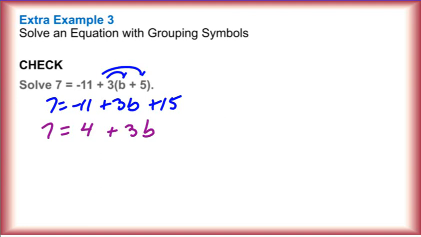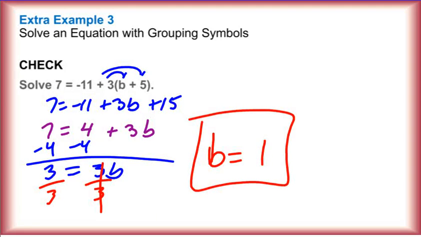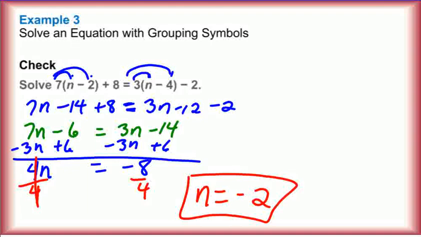Since the b is already on one side, let's get rid of this 4 by subtracting 4, and I'm left with 3 equaling 3b. To get b by itself, I divide by 3. b would have to equal 1. The more you do these types of problems, the easier it becomes.